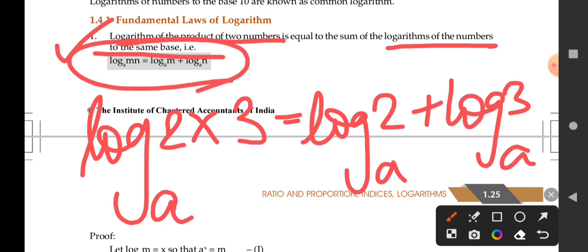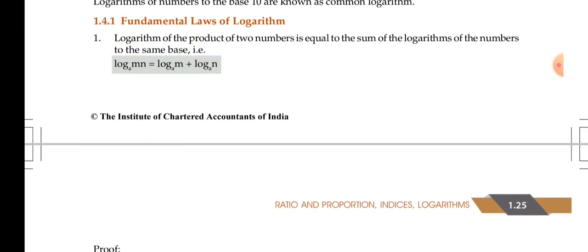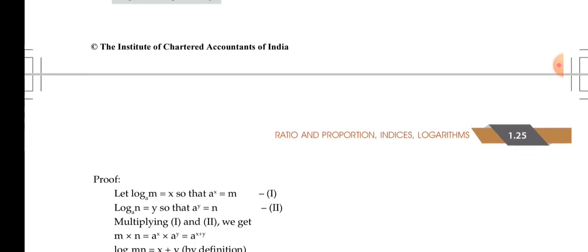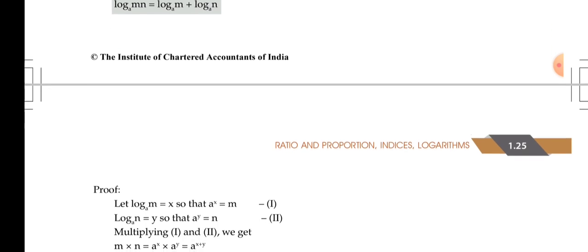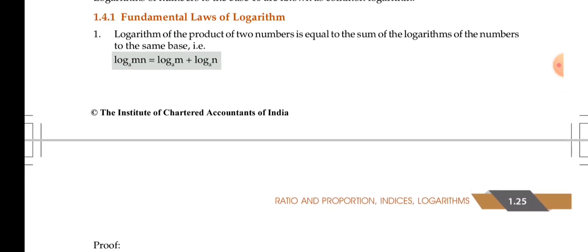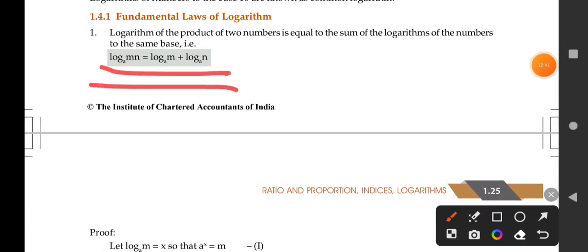In equation form, we can write log mn to the base a is equal to log m to the base a plus log n to the base a. Okay, these are very important laws. This will help you solve the problems. Now let us try to prove how this came.